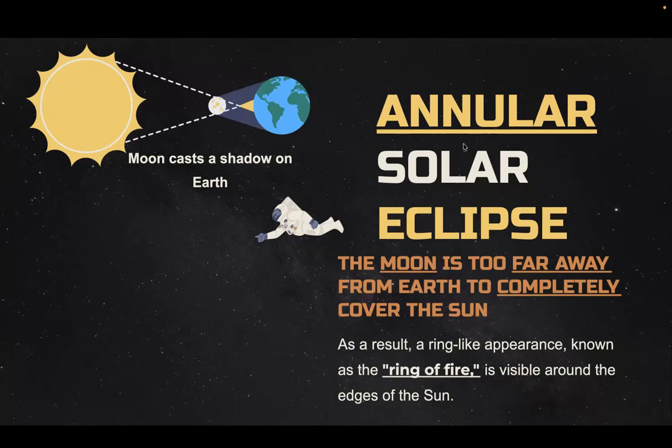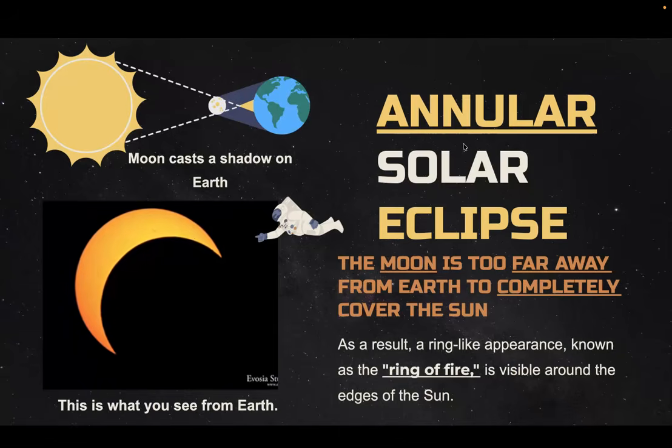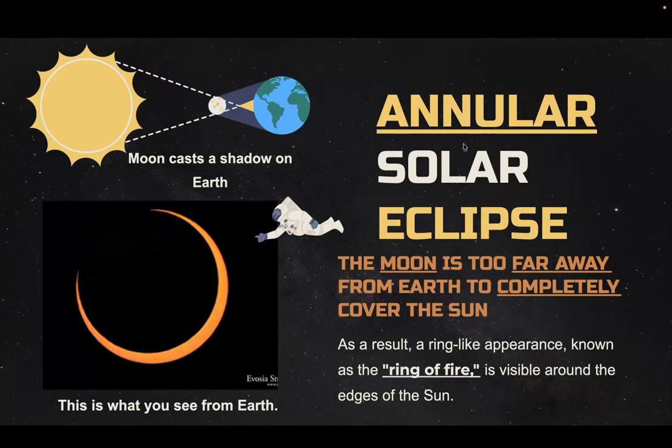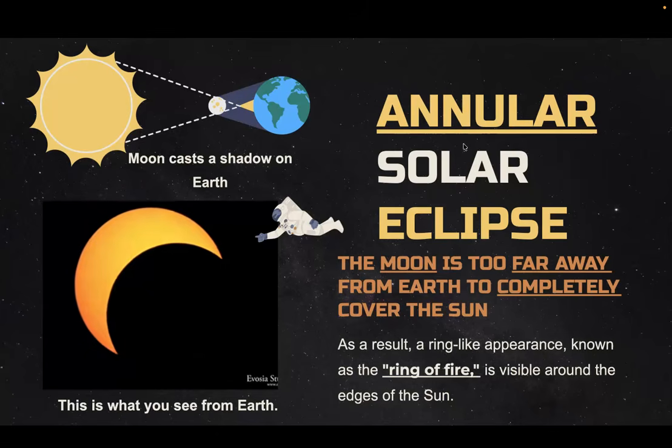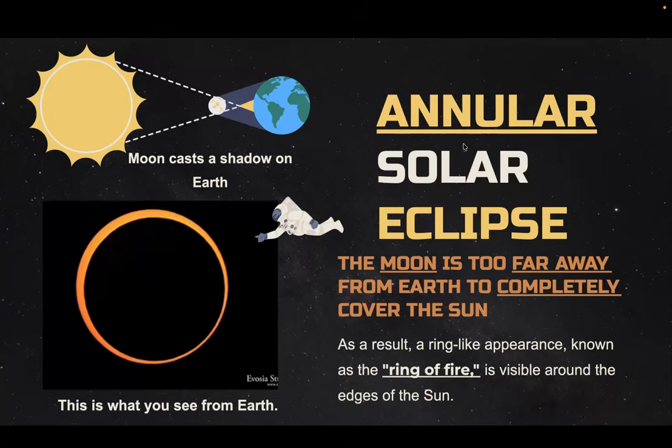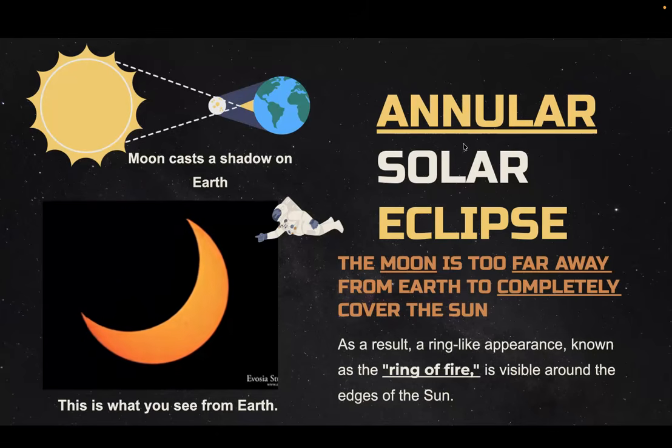So this is very similar to a total solar eclipse, but the moon is just too far away, so the moon doesn't appear to block the whole sun. So it looks something like this. Right here is the ring of fire, where you can see the edges of the sun around the moon. That is what you see from Earth.